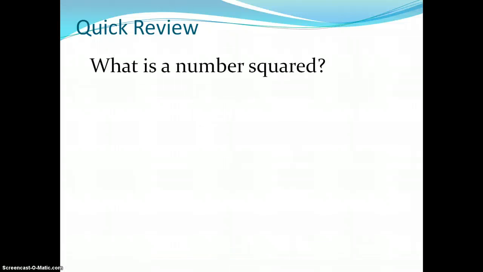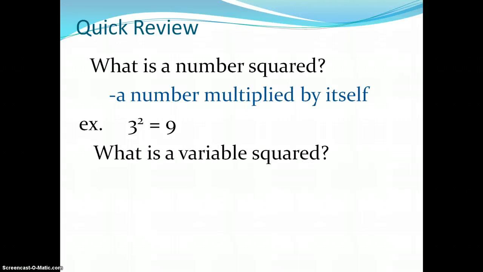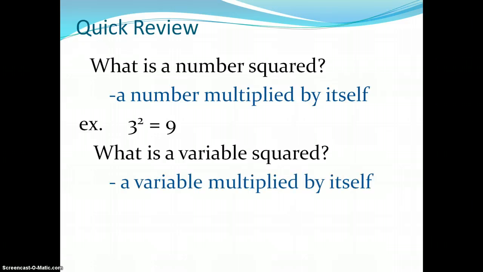You dealt with square roots before, but let's talk quickly about them. What is a number that's squared? Basically, a number squared is the number we multiply by itself. For example, 3 squared is 9. And a variable squared is a variable multiplied by itself.